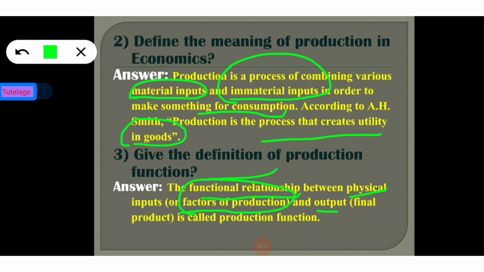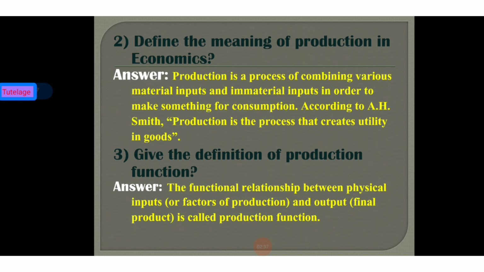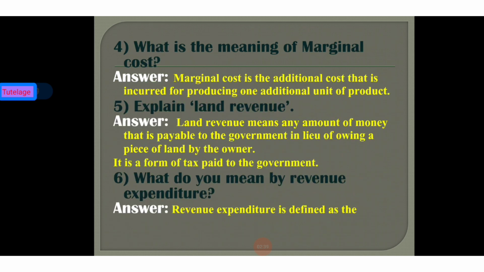I hope you all know that the factors of production are land, labor, capital, and entrepreneurship. And output means the final product. So, a production function is the functional relationship between factors of production and the final product. Okay, so now move on to the next question.